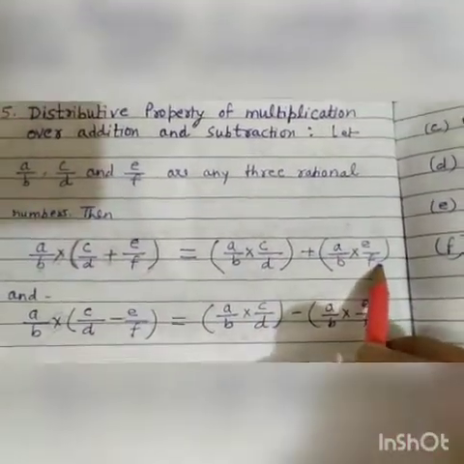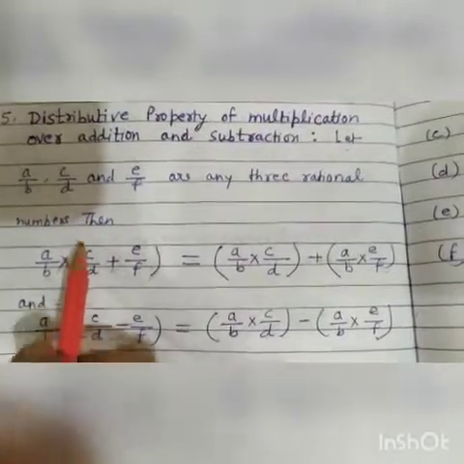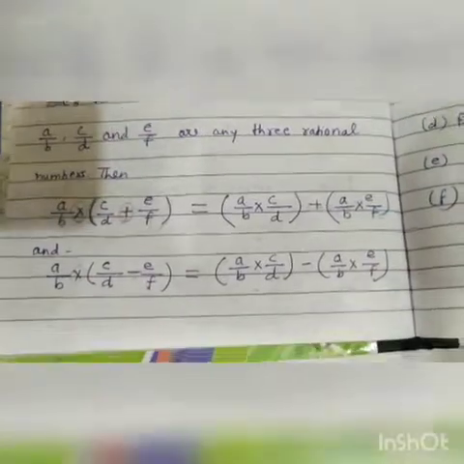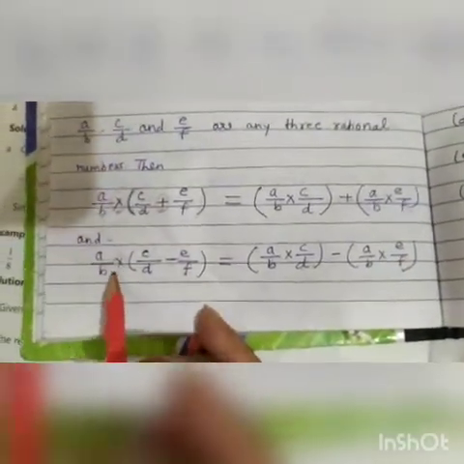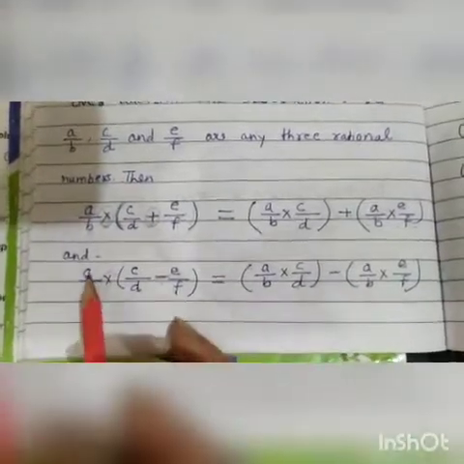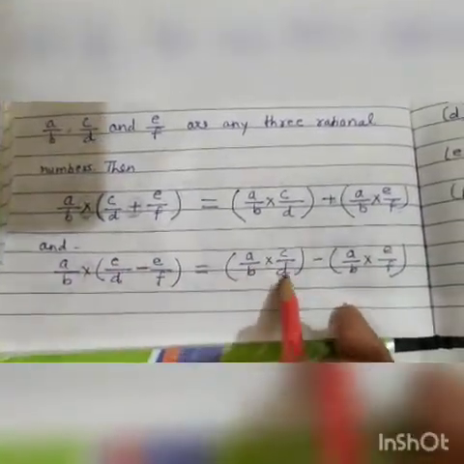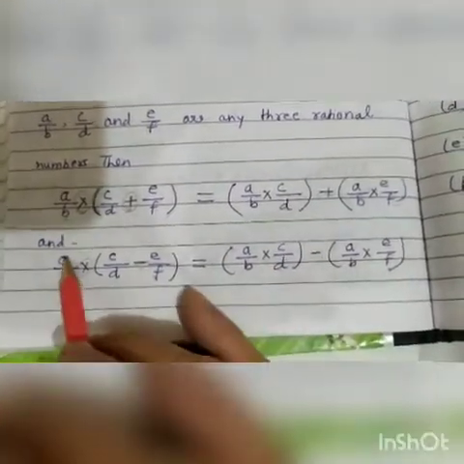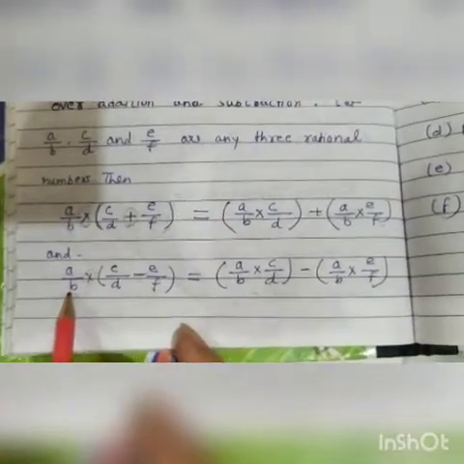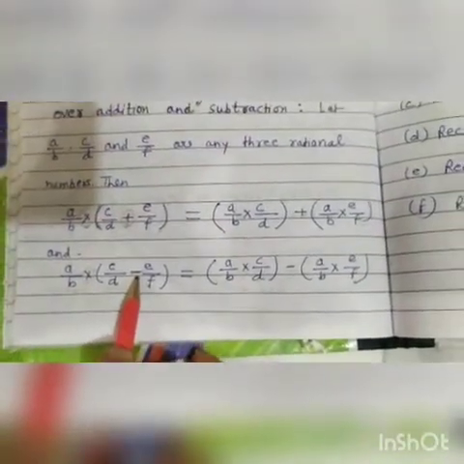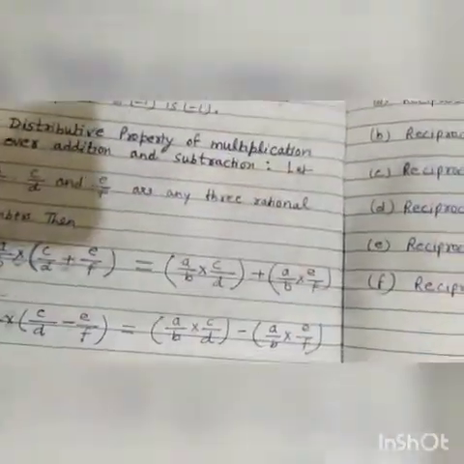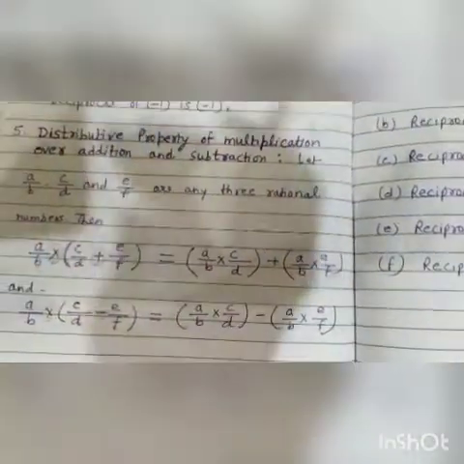This is the distributive property of multiplication over addition. In the same way, a upon b multiplied by c upon d minus e upon f equals a upon b multiplied by c upon d, minus a upon b multiplied by e upon f. This is the distributive property of multiplication over subtraction. So students, I think all these 5 properties should be clear to you.